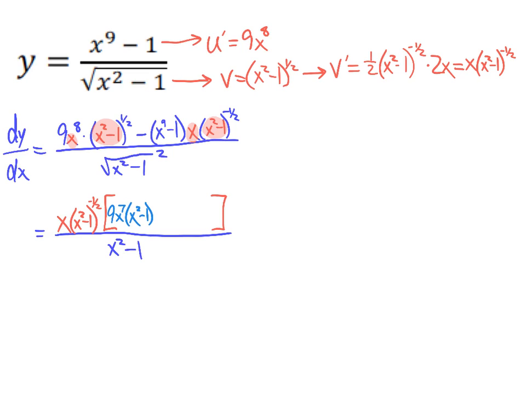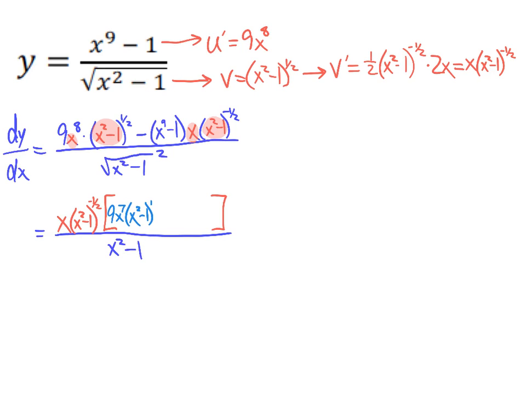So negative 1/2 plus what would give me positive 1/2? 1. So it's just 1. That's the part that can be a little bit tricky, because negative 1/2 plus a positive 1 gives me the positive 1/2 that I had originally. So you can always double check yourself that way. But you'll see why we do that in a second.